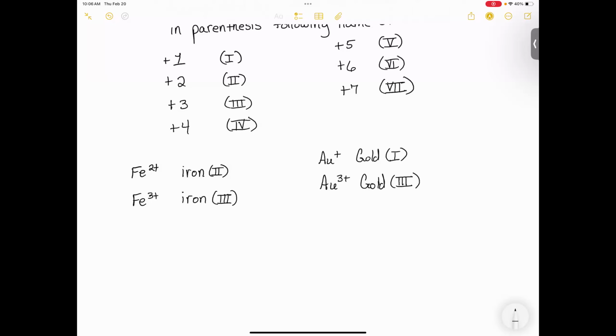Questions about metal cations as a whole, whether it's the monoatomic cations whose charge is always the same, or whether it's the monoatomic cations whose charge varies? Are there questions about how we name those ions?